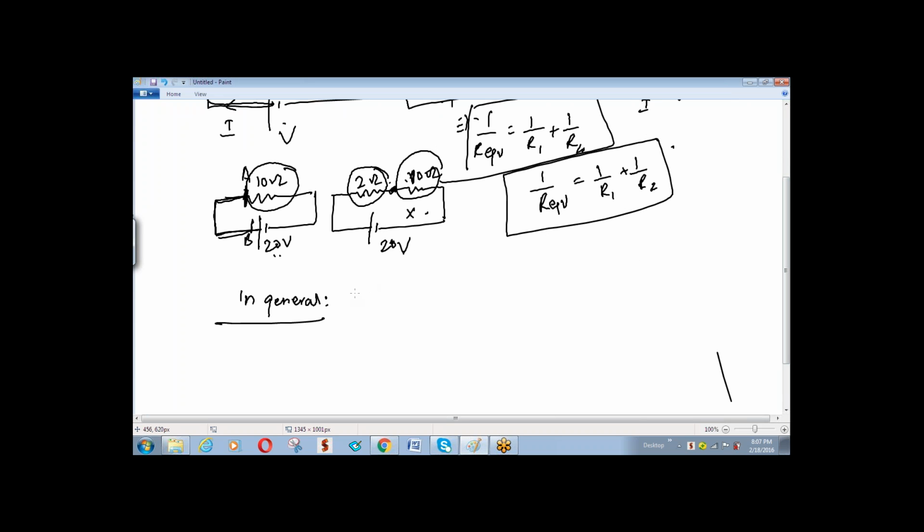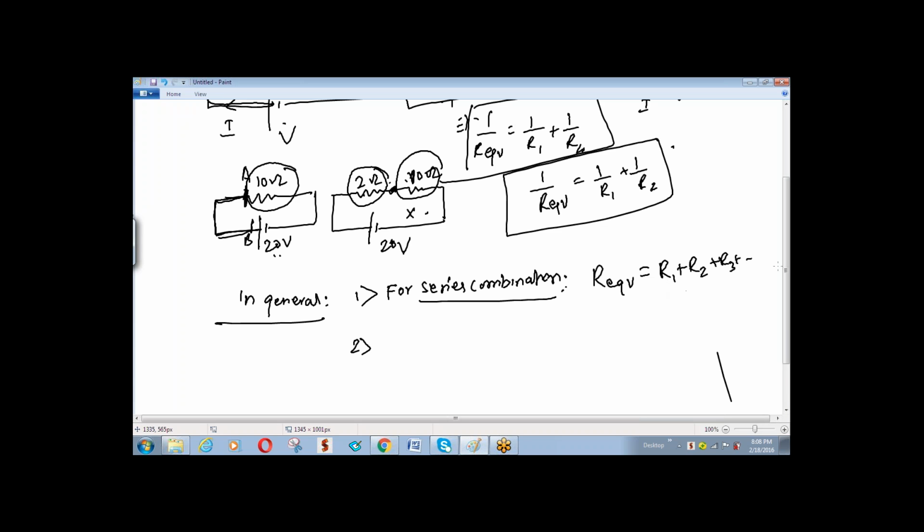In general, to sum up whatever we have done for resistance: for series combination, R equivalent is R1 plus R2 plus R3 plus so on.